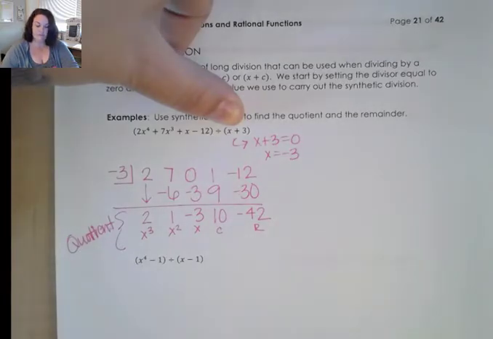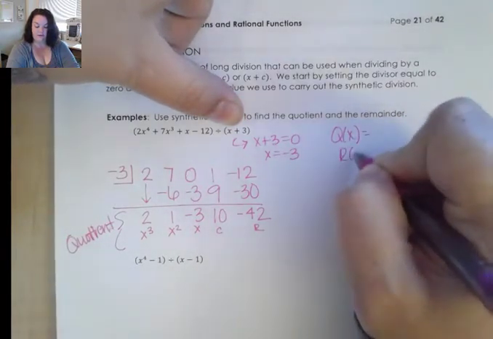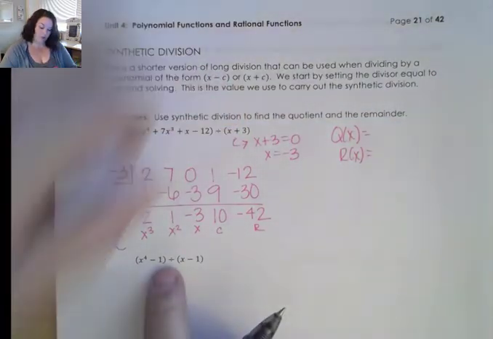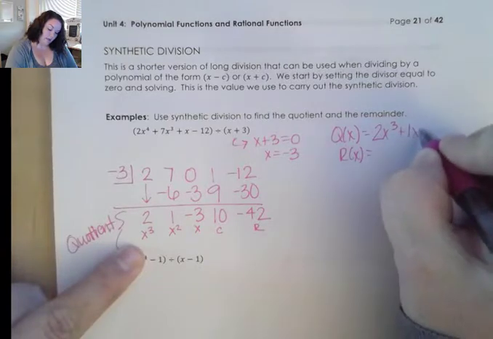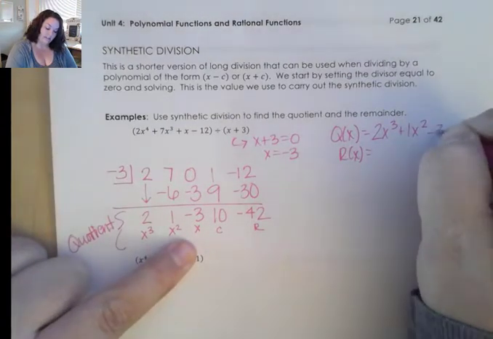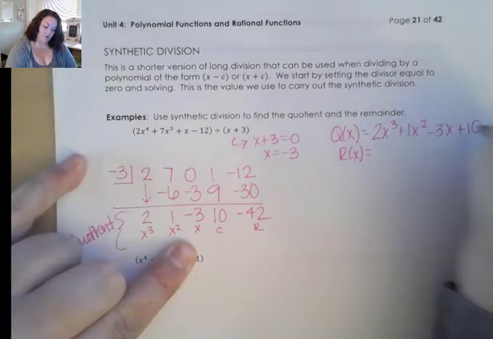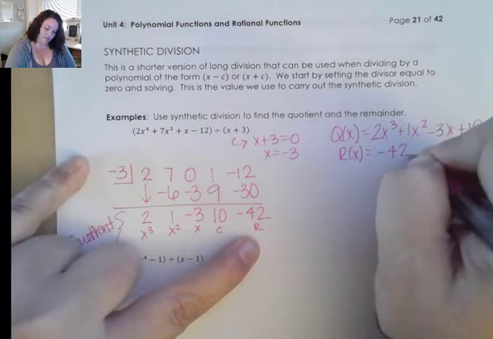So if it asks us to identify our quotient and our remainder, for our quotient, we would write 2x cubed plus x squared minus 3x plus 4, and our remainder is negative 42.